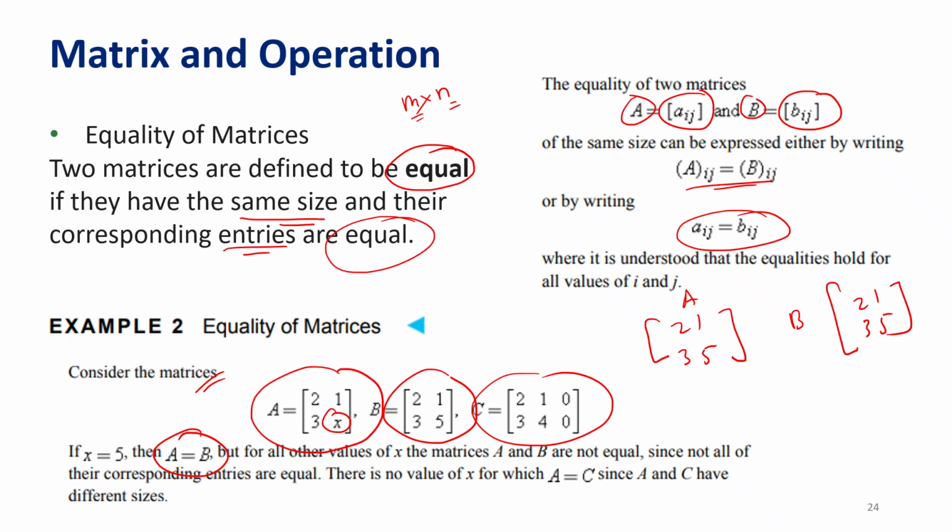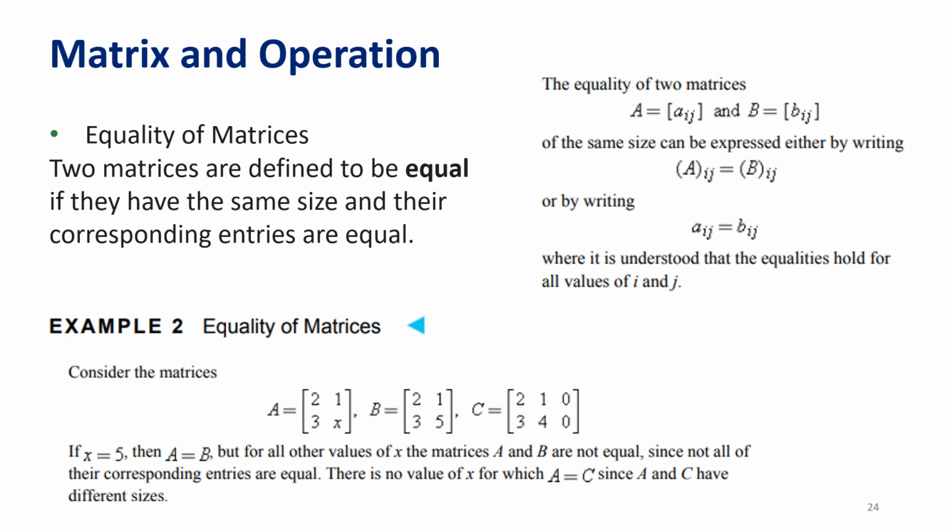But if x is not equal to 5, then A will not be equal to B. For A and C, whatever the value of x, whether it's 4, we will never have A equal to C, because they have different sizes. A is a 2 by 2 matrix, C is a 2 by 3 matrix, so they can never be equal.